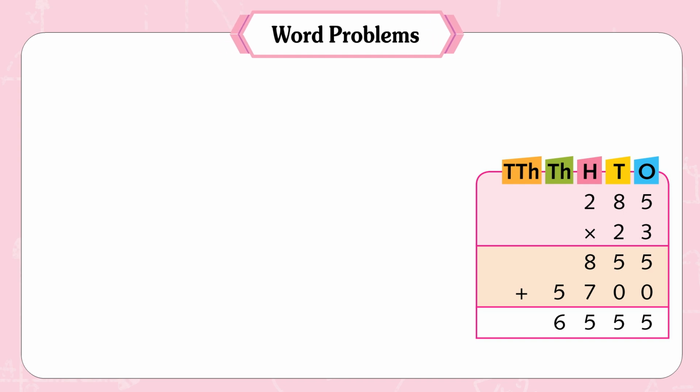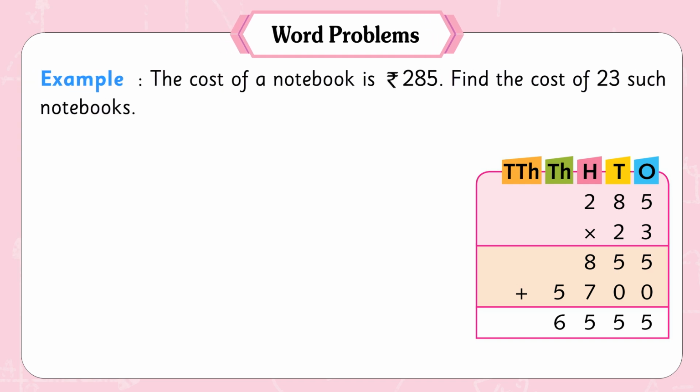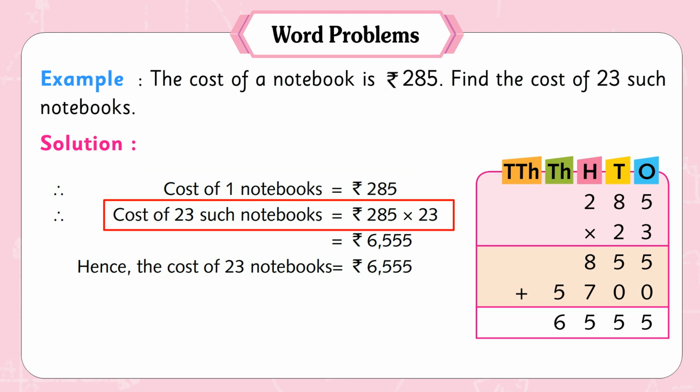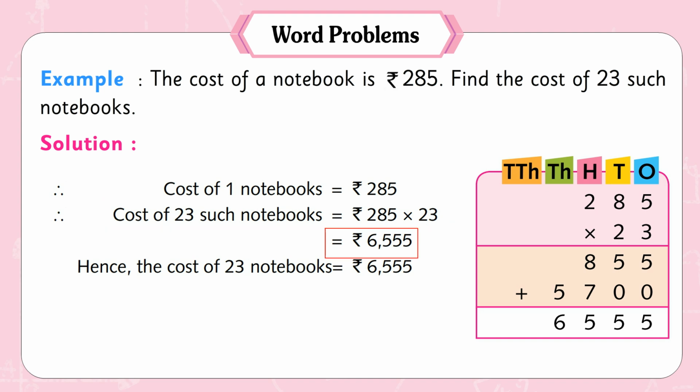3072. Word problems. Example. The cost of a notebook is Rs 285. Find the cost of 23 such notebooks. Solution. Cost of one notebook is equal to Rs 285. So, cost of 23 such notebooks is equal to Rs 285 into 23 is equal to Rs 6,555.